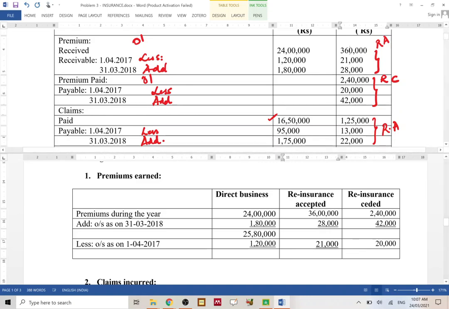Okay, small error in the problem. This is 3,60,000, not 36 lakhs. Alright, so this again will be 3,60,000. So that 3,60,000 plus the 28,000 will give you 3,88,000. And the last one 2,82,000.